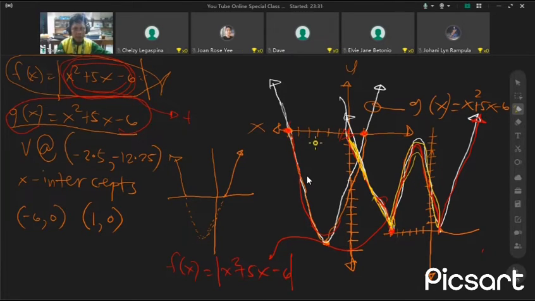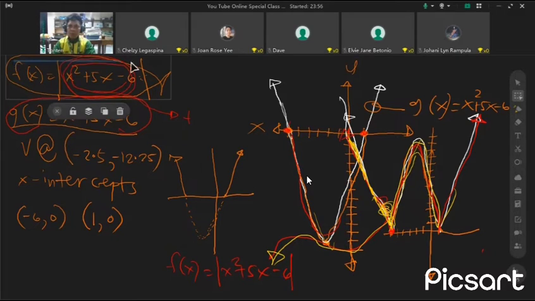Bringing the same length from the original up to here. And this is the graph of the absolute value function.